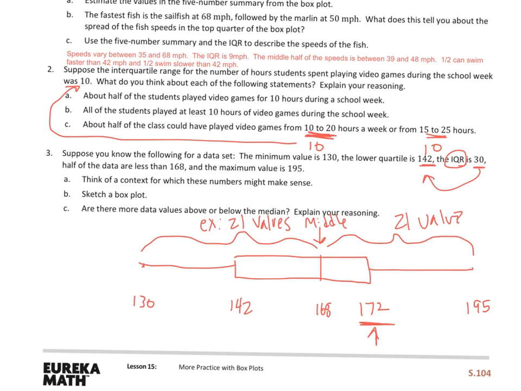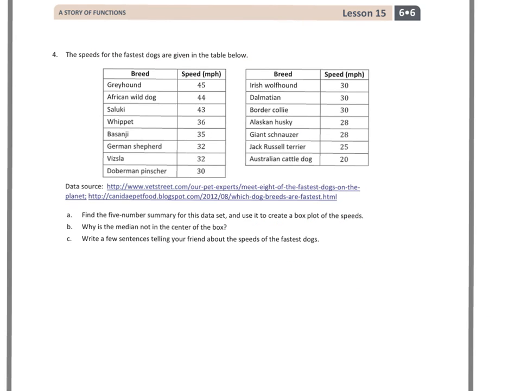Let's head over to page 2. Here we are on page 2, and it says the speeds for the fastest dogs are given in the table below. Find the 5-number summary for this data set and use it to create a box plot of the speeds. They are in numerical order, which is so great because I can just check off as I go.